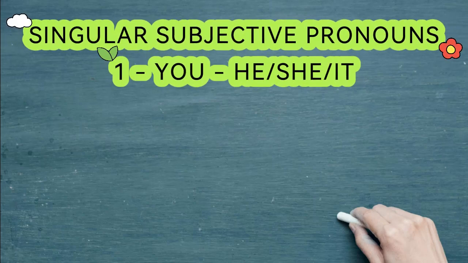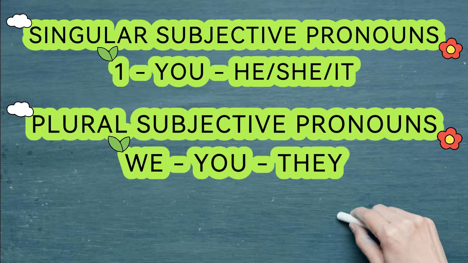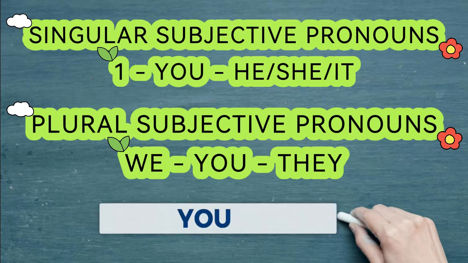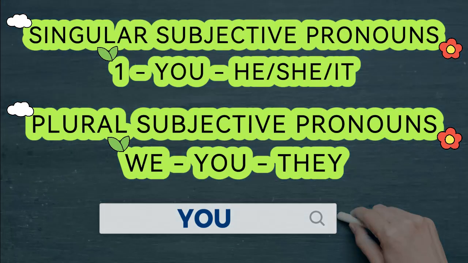Singular subjective pronouns I, you, and he, she, it, and plural subjective pronouns we, you, and they are used for the first, second, and third person respectively. Please note that the second person singular and plural use the same pronoun you, identified as singular or plural depending on the usage.